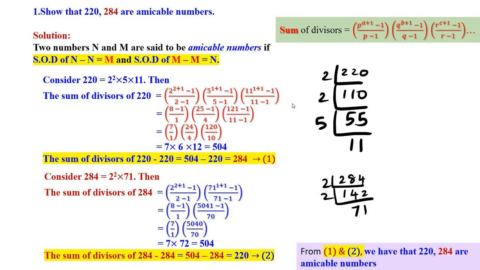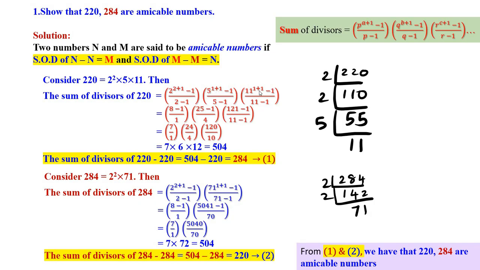Having written this in the form P power A, Q power B, R power C, we use the formula: sum of divisors is given by (P power A plus 1 minus 1) by (P minus 1) into (Q power B plus 1 minus 1) by (Q minus 1), and so on. Here P, Q, R stand for 2, 5, 11, and A, B, C are nothing but 2, 1, 1.